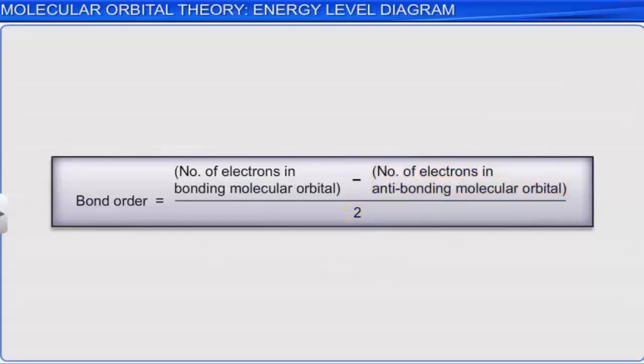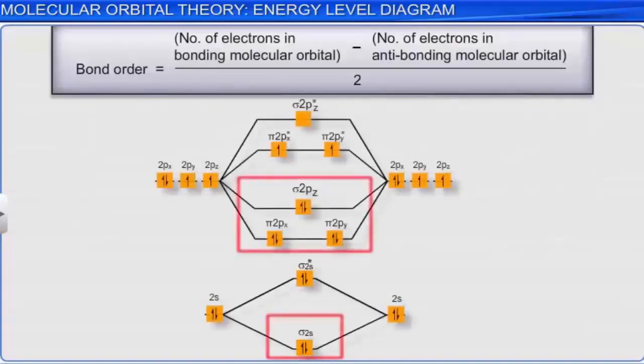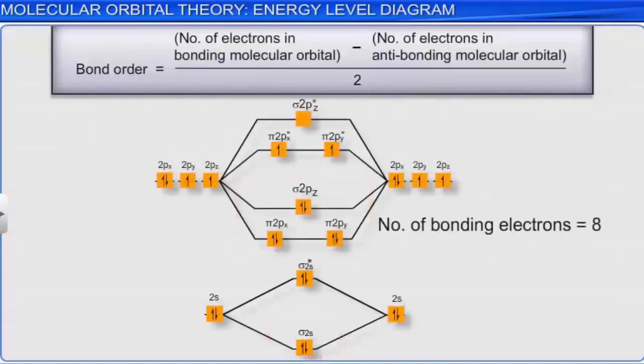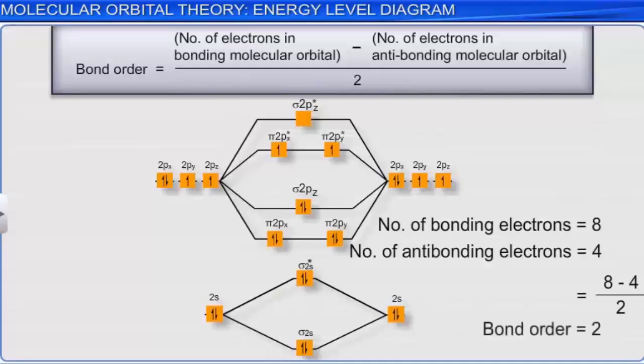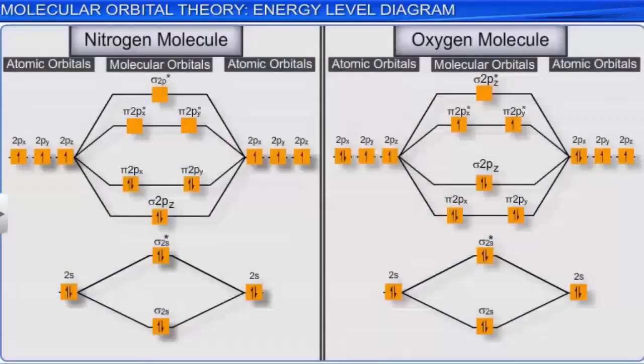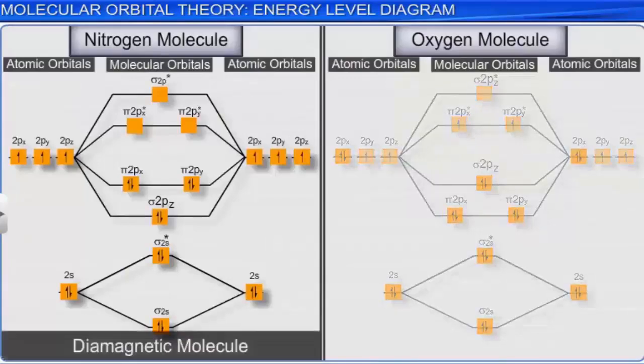Now, in oxygen, the number of electrons in the bonding orbitals is 8, and the number of electrons in the anti-bonding orbitals is 4. So, adding these values to the equation, we get the bond order as 2. As we know, when electrons in an atom or molecule are paired, as in nitrogen, they form a diamagnetic atom or molecule.